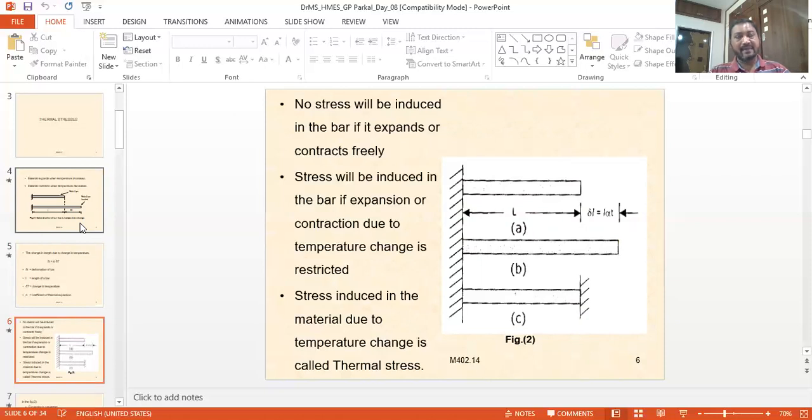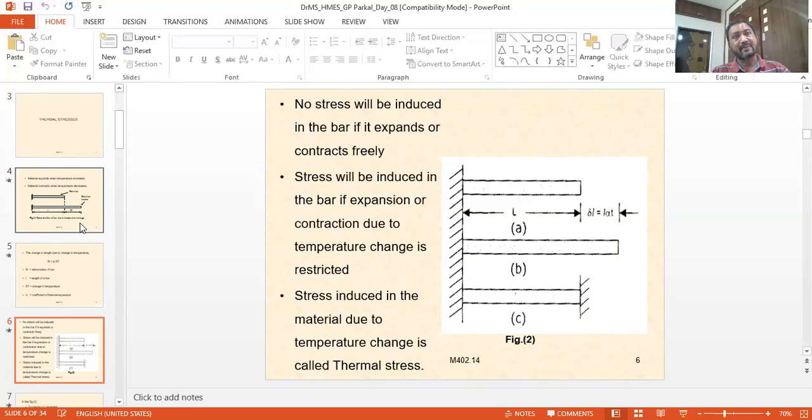So when it is freely allowed, it will produce some delta L. When it is not allowed freely, whatever amount of expansion or contraction would have been produced in the bar will be restricted, and correspondingly some amount of strain will be produced.